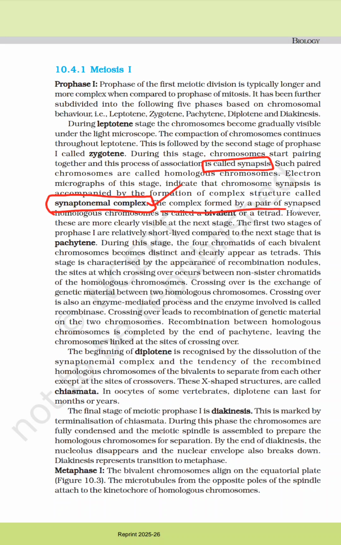The complex formed by the pair of synapsed homologous chromosomes is known as the bivalent or tetrad. However, they can be seen very visibly in the next stages.